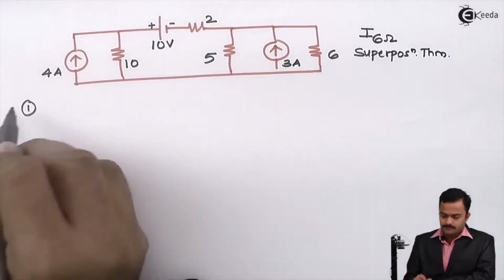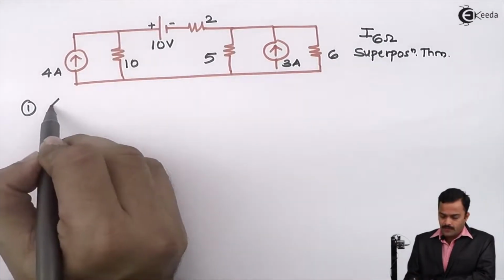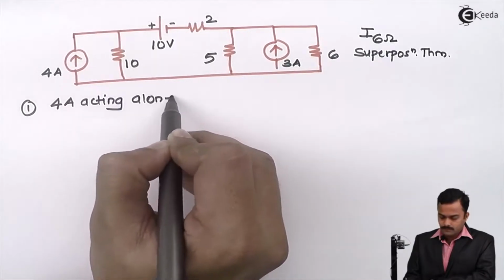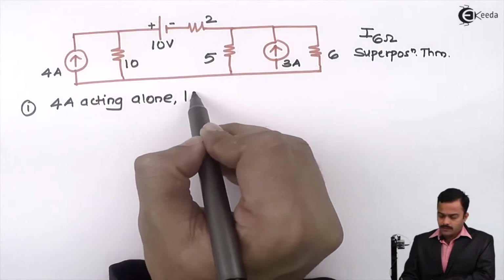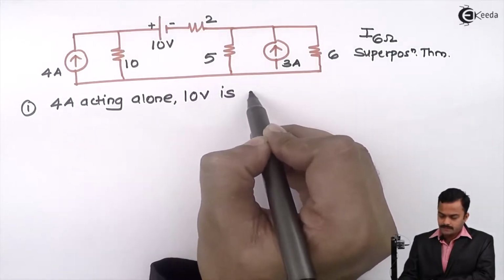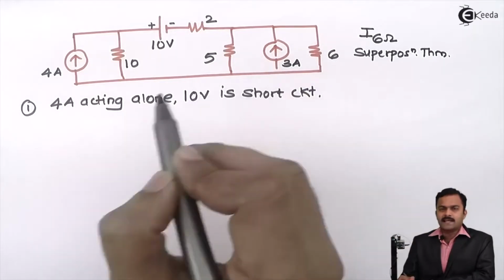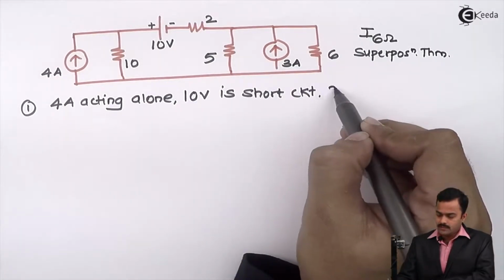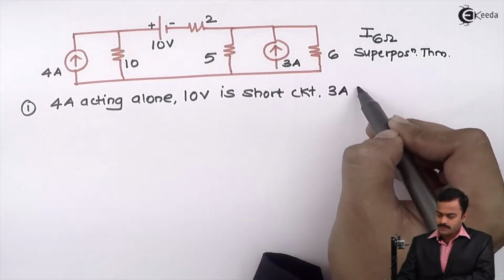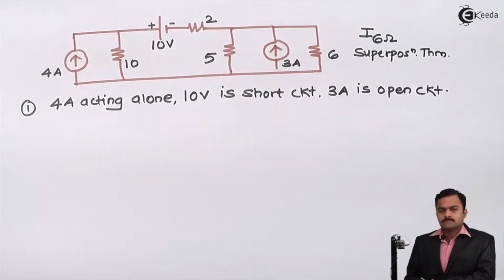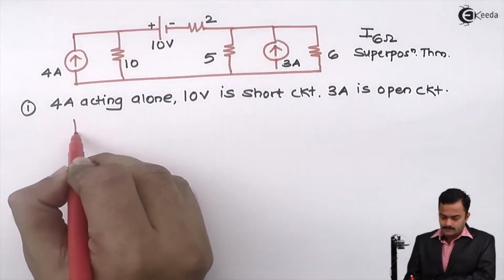So first step, I will consider the 4 ampere source acting alone. The 10 volt voltage source is short circuited, and the 3 ampere current source I will consider as open circuited. So the circuit will look like this.